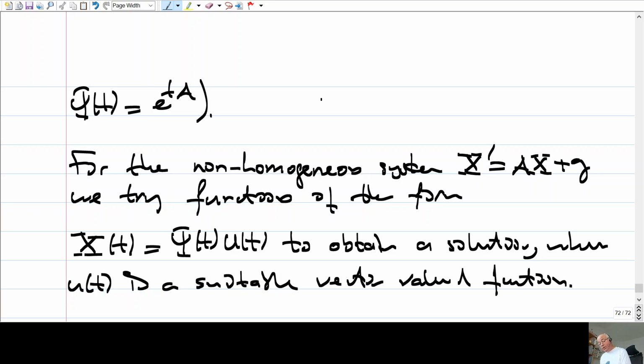So what we do, instead of C, we use a vector of functions. C was a bunch of real numbers.